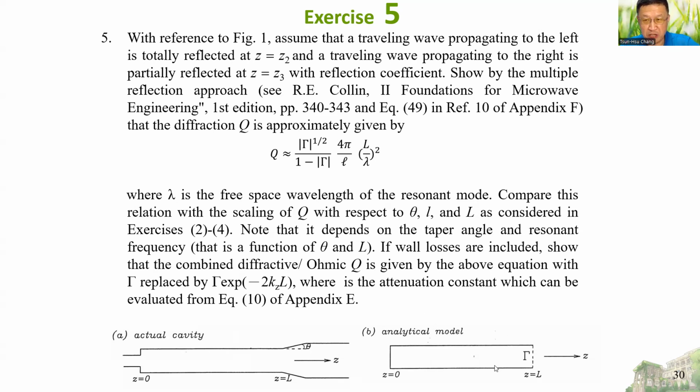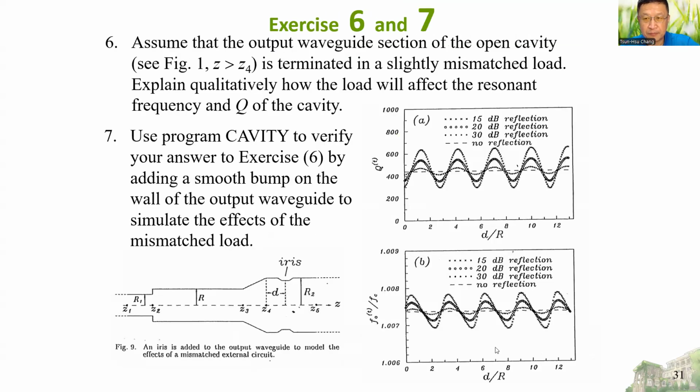It will be interesting and helpful. Okay, exercises 6 and 7. We are going to study this case with an artificial reflection. In addition to this one, we provide another reflection, an iris. This discontinuity provides a reflected signal together with the reflection from the taper section, and see what the difference is.